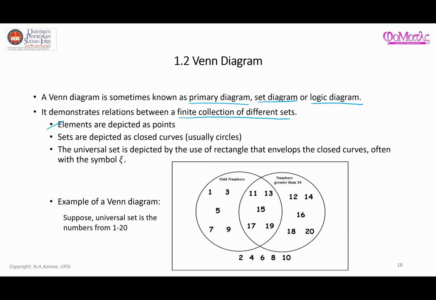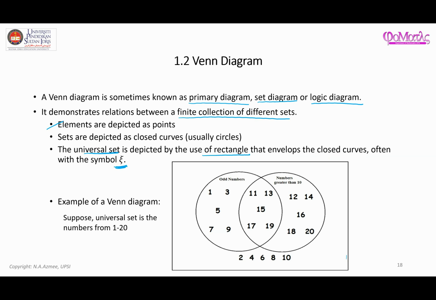So here is an example of a Venn diagram, and this is the universal set. So the box outside here is the universal set. So this is the rectangle. It envelopes the closed curves, and this is known as the universal set.